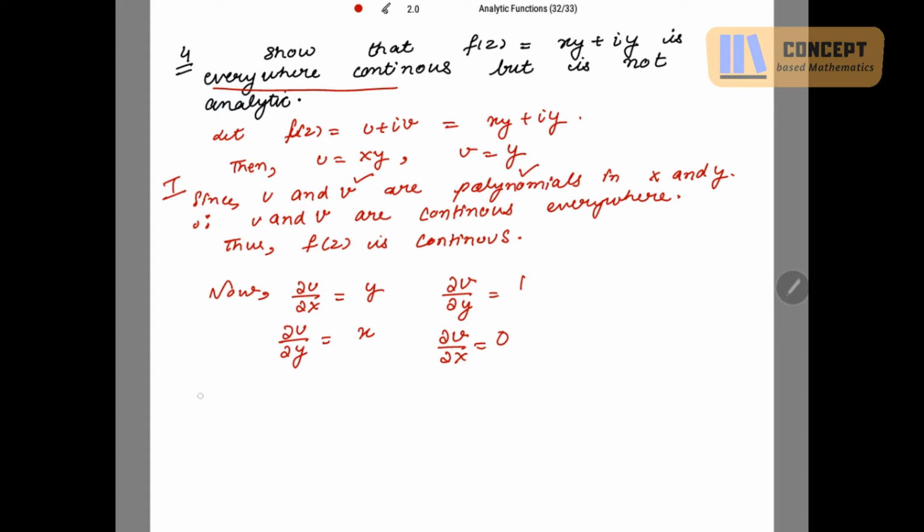CR equations क्या है? curly u over curly x आपका curly v over curly y के इक्वल होना चाहिए and curly u over curly y is equal to minus curly v over curly x. So the CR equations are not satisfied. अब CR इक्वेशन ही सेटिस्फाइड नहीं है तो फंक्शन is not analytic.